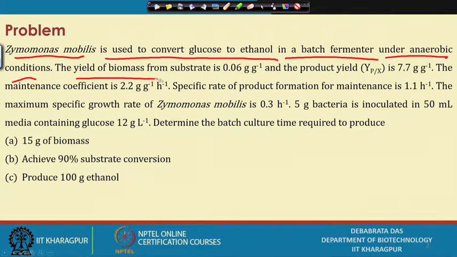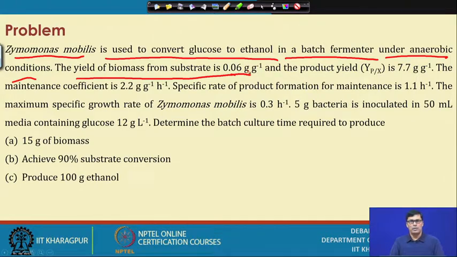The yield of biomass from the substrate is 0.06 gram per gram. But here I want to point out that if you look at aerobic conditions, the yield of biomass is very high, maybe 0.3 to 0.5 grams per gram. But in anaerobic conditions, we usually have very little cell mass formation.